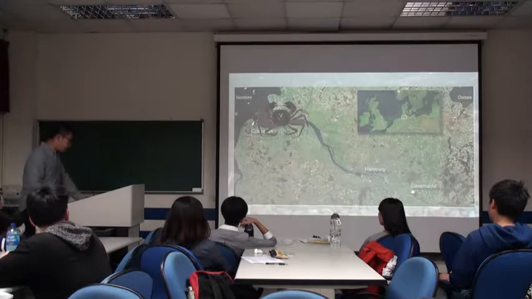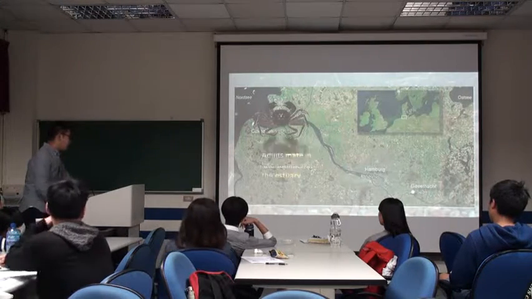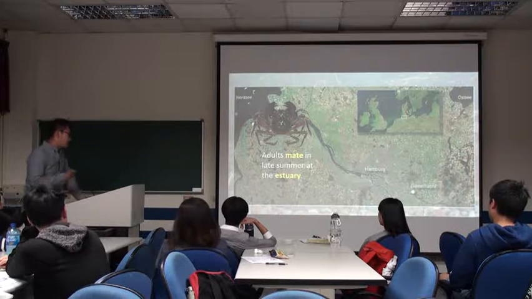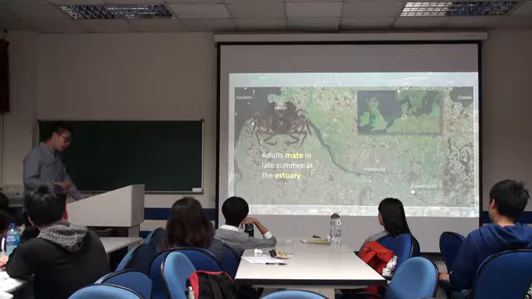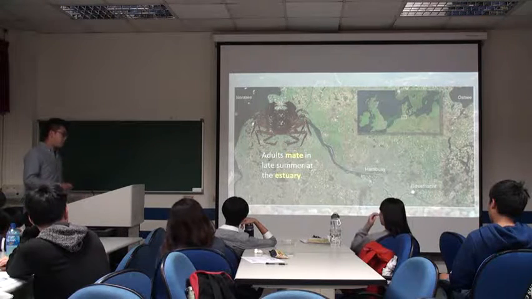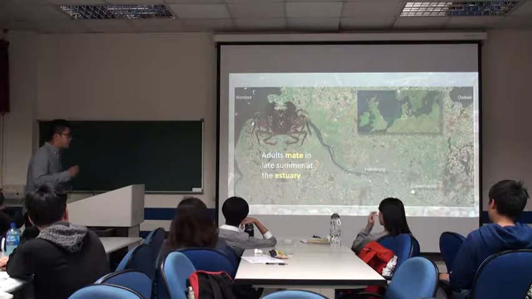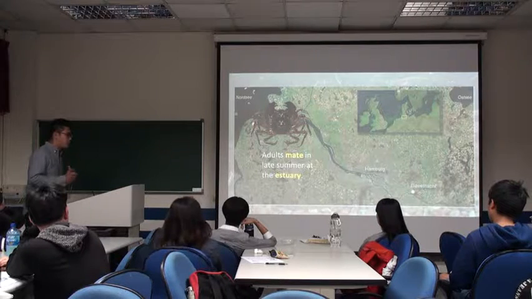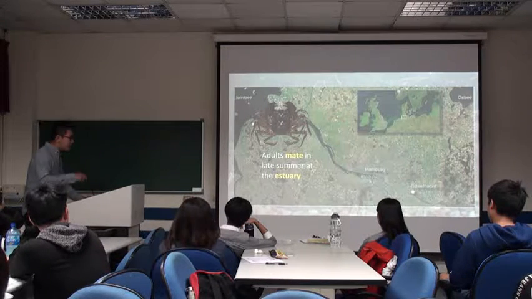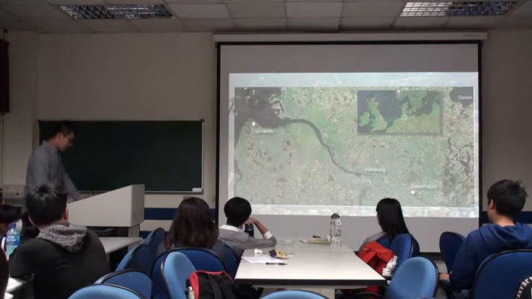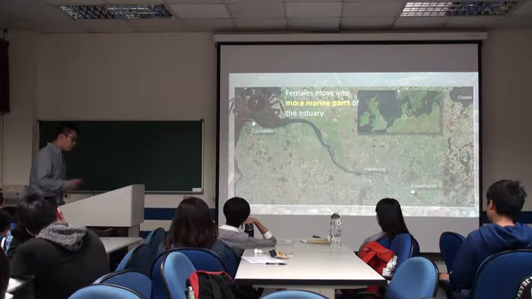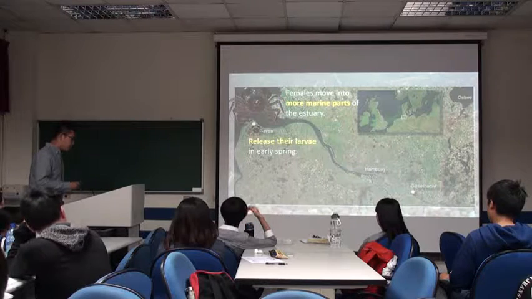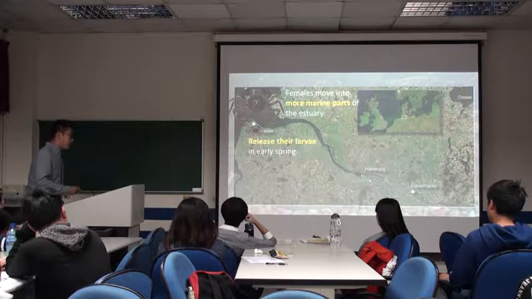First, here comes an adult crab, and adult crabs mate in late summer at the estuary, which is the place where river and sea exchange. After they mate, the females will move into the more marine parts and release their larvae.